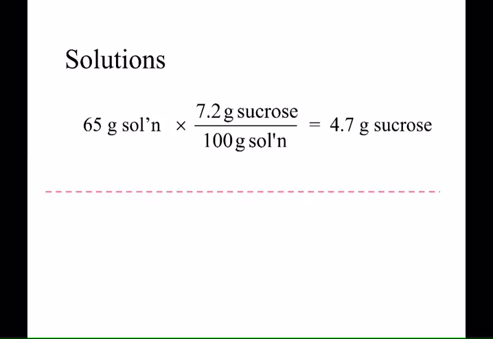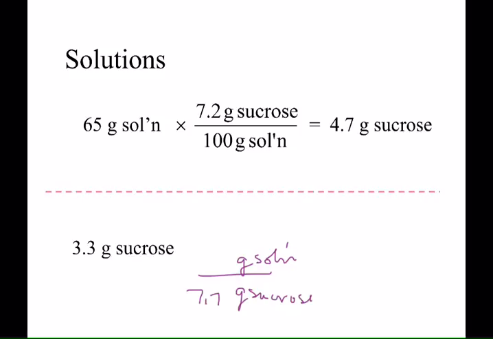Let's take a look at the second problem. We had grams of sucrose and we wanted grams of solution. We take the thing we want to convert, 3.3 grams of sucrose, over 1. Now we want units of grams of sucrose to cancel and be left with units of grams of solution. This is the flipped version of the weight percent, so we go 7.2 grams of sucrose per 100 grams of solution, and our units of grams of sucrose will cancel.